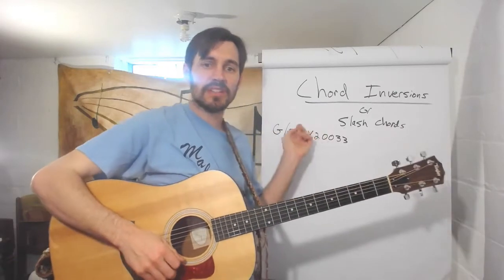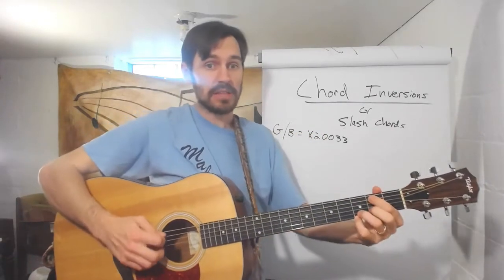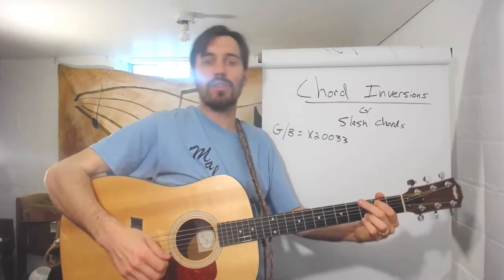So again, G/B, that's what it looks like, that's what it sounds like. And again, often I'm going to use it when I'm going from the 1 to the 4. Kind of just put another chord in there. Alright, so there we go.